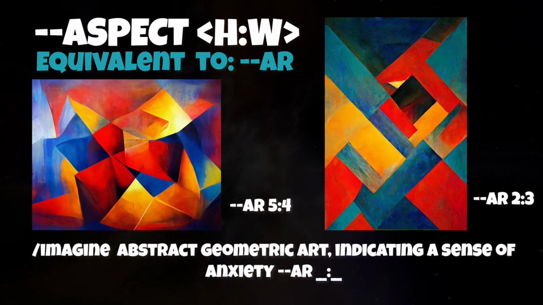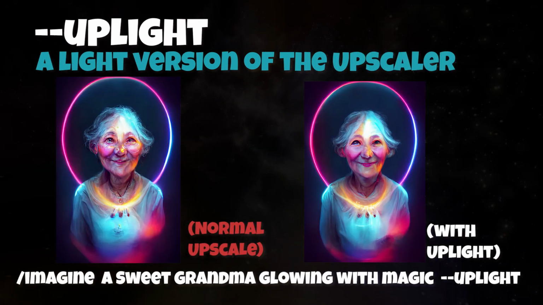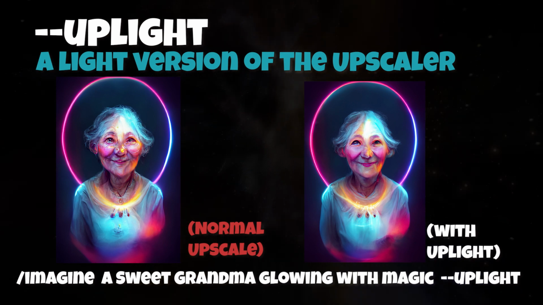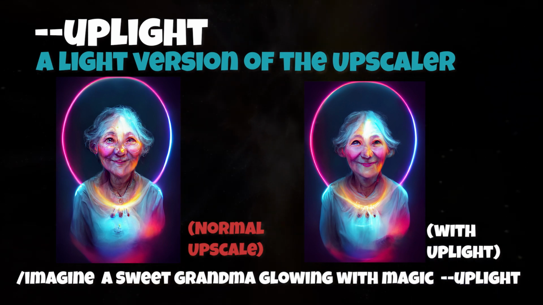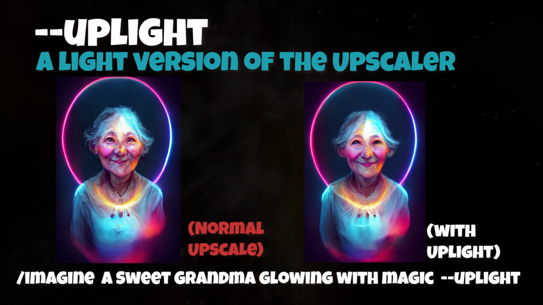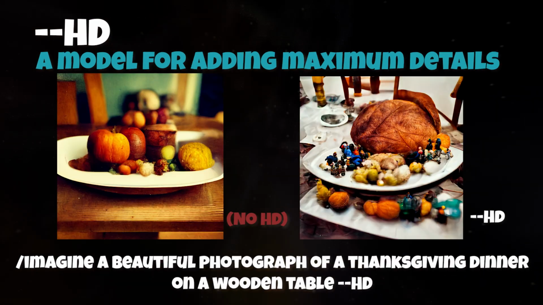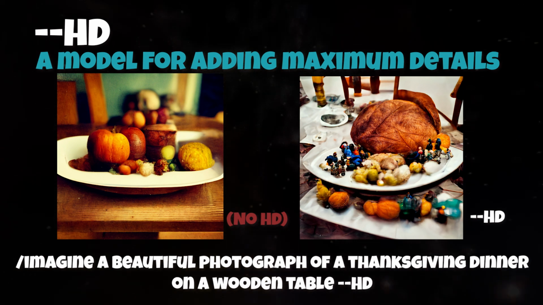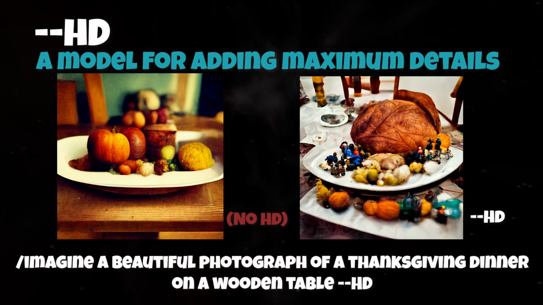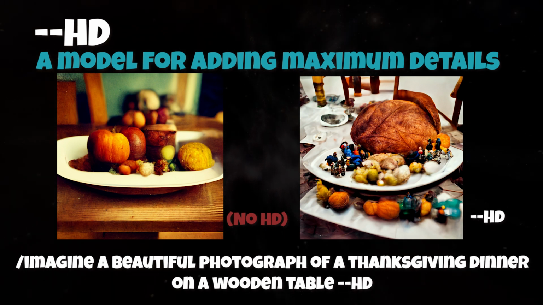Uplight is super useful, and it defaults the model to using a simpler upscaler that doesn't try to add details to the original. If your faces are getting cracks in them or antennae are floating in the sky, Uplight will help clean that up. HD uses a different algorithm that's supposed to be better for larger and detailed images, but with maybe a sacrifice to form.